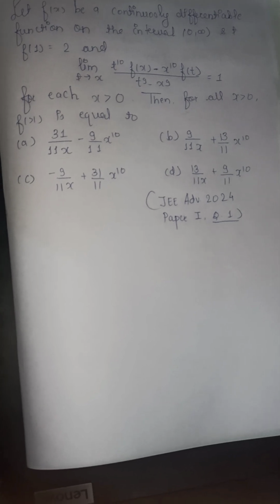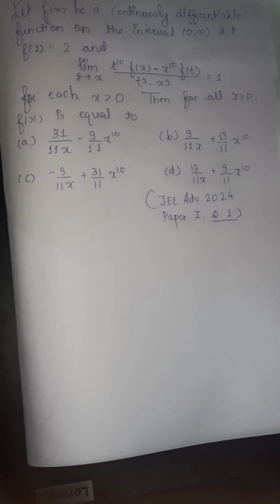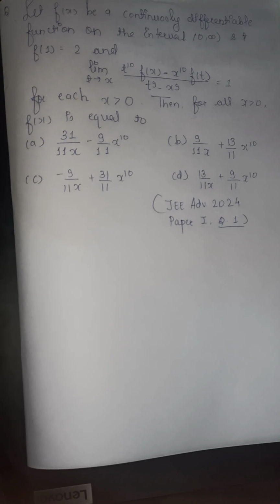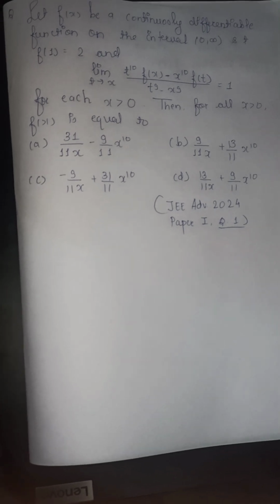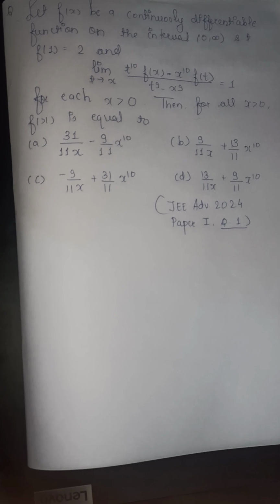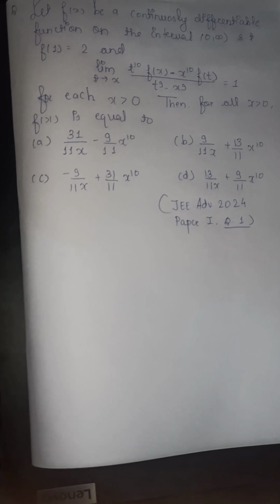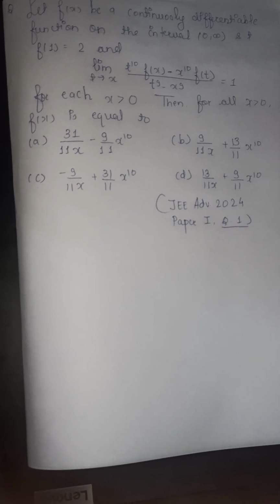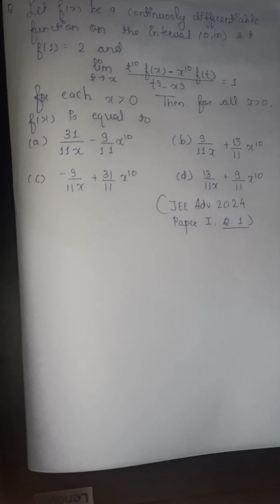X was greater than 0, and it has asked for all x greater than 0, f of x is equal to. So this question is a multiple choice question, and exactly one of the four options that were given to you was correct.